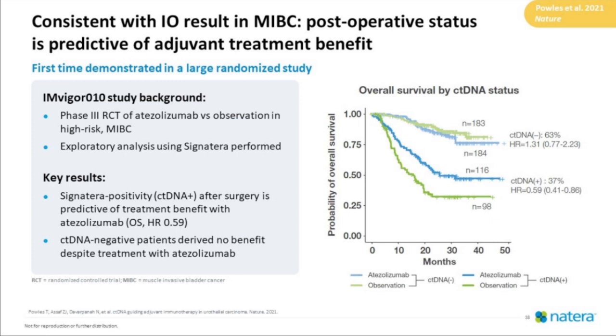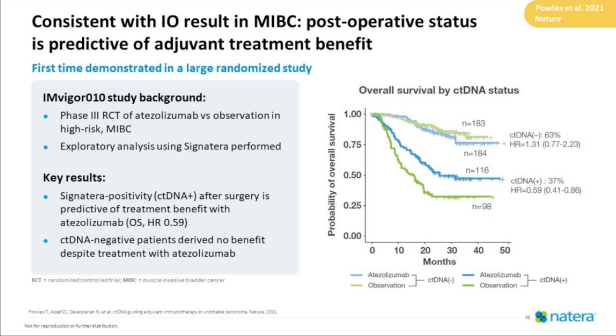And we had these patients who had bladder cancer, and then they went to operation, and we had evaluated their ctDNA afterwards, and we said, all right, these patients who had their surgery, they were either put on immunotherapy versus observation. And what we wanted to do was then check them with their ctDNA. And basically, did they derive any benefit from adjuvant immunotherapy?